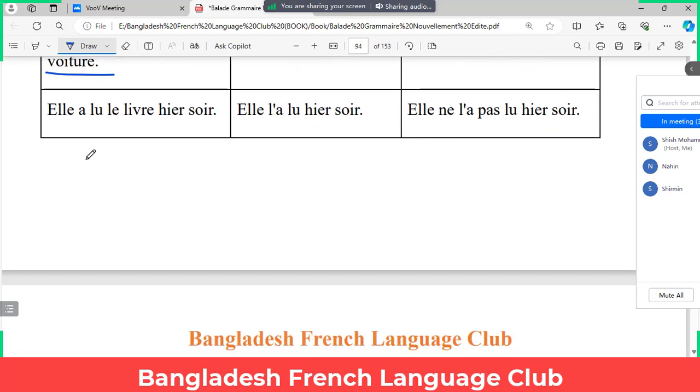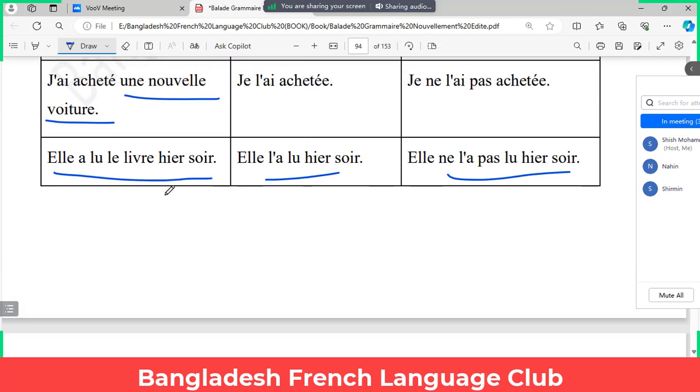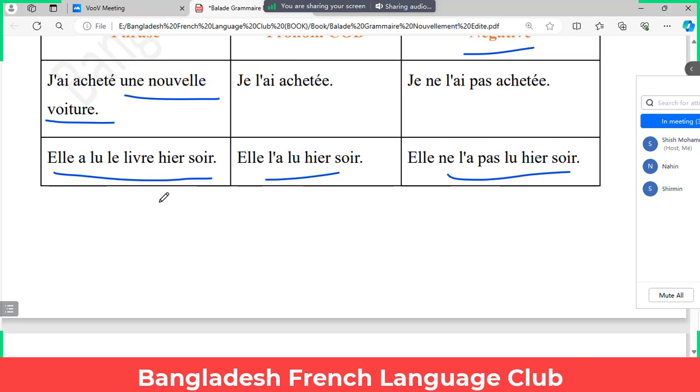Okay. So Madam Nahin, could you please read this one and explain this way? Il a lu le livre hier soir. Okay, so tell me, which is the object, and is it a direct object or an indirect object in this sentence? Which one is the object?